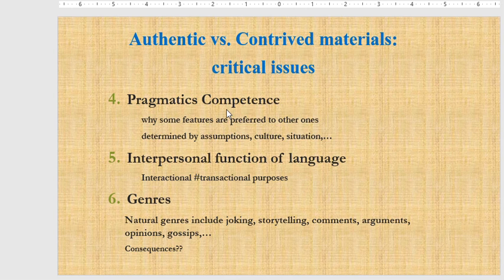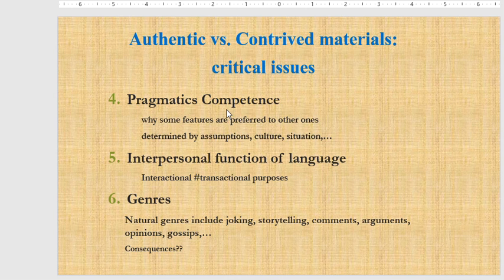The other one is the interpersonal function of language. The point here is that language is used for two purposes: interactional, interpersonal purposes, or transactional purposes. Interactional purposes means that when you produce a sentence, you do not want only to convey a factual message.